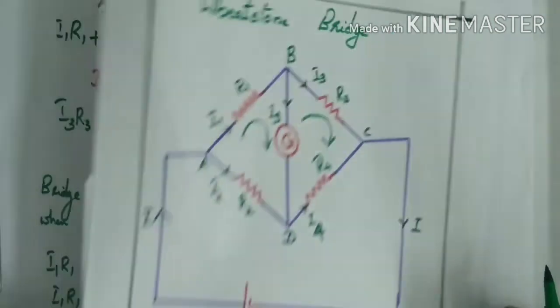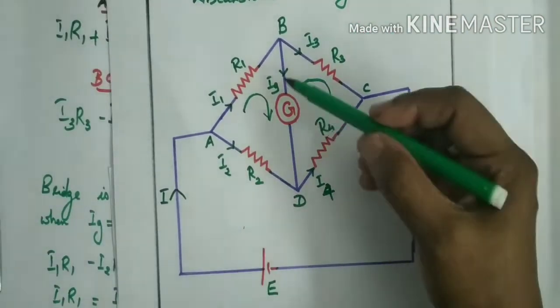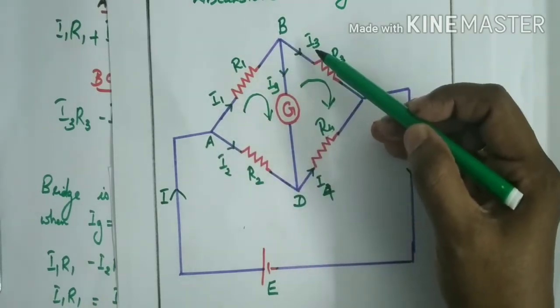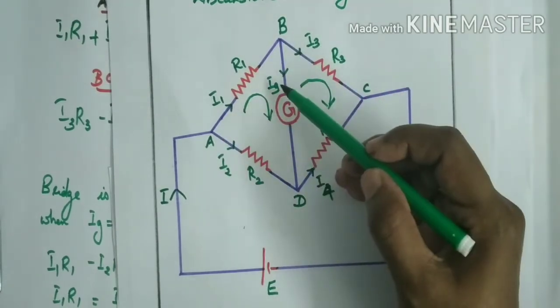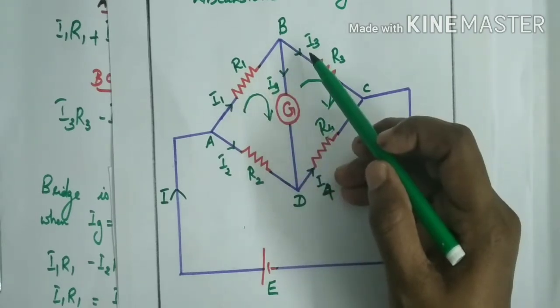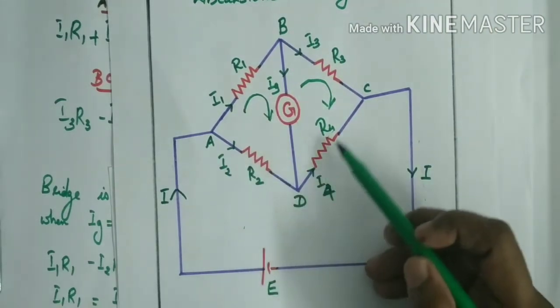Again, in the same balanced condition, current through Ig equal to 0 means I1 and I3 are equal, isn't it? Because Ig equal to 0, no splitting takes place here. Therefore, I1 and I3 are equal. Similarly, I2 and I4 are equal.